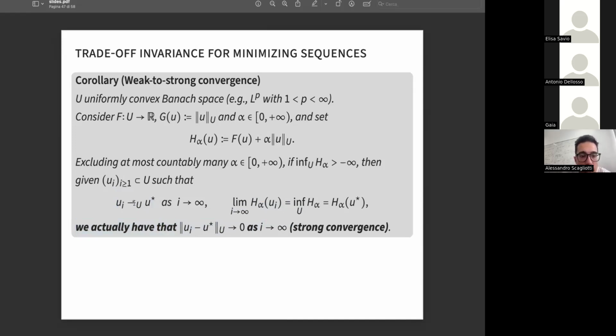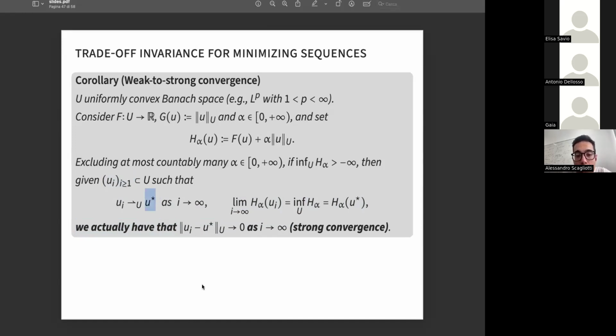we can apply the trade-off invariance principle first to this minimizing sequence, and then to the minimizing sequence which is identically equal to the minimizer U star.